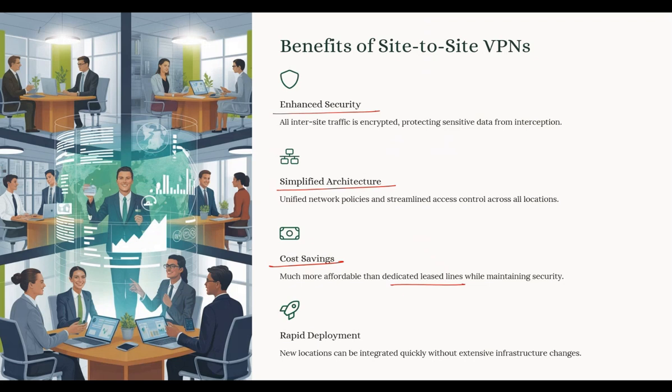So while maintaining the security of the network using site-to-site VPN, you save cost. Rapid deployment, and there is scalability too. New locations can be integrated quickly, and new users can be added without extensive infrastructure changes. No underlying infrastructure changes are needed, but you can still add new locations or new users. So rapid deployment and scalability are there.